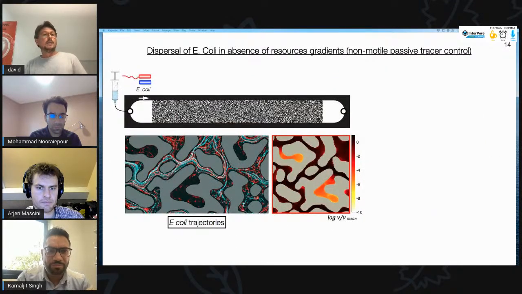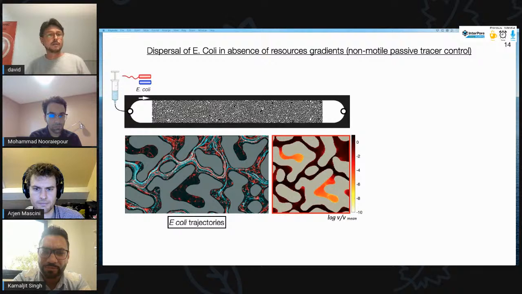But we then wanted to study microbial transport through this geometry, not simply polystyrene microspheres. So we first saturated this system with a motility buffer, which allowed the cells to swim but not to grow, just to explain, and then injected a mix of motile and non-motile Escherichia coli cells suspended in the same buffer.